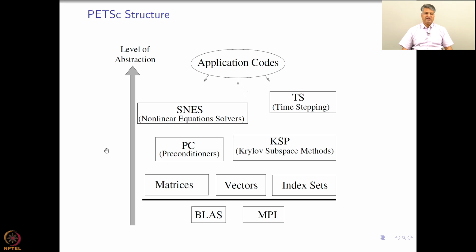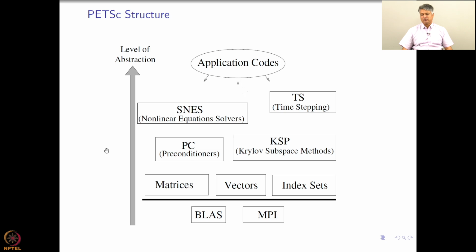So this is how the level of abstraction looks like. Right on top, you have the application codes, which is doing the science that you are interested in. Those interface directly with the nonlinear equation solvers, which look like SNES. Also, the time integration algorithms, or the time stepping algorithms, TS. All of this is based on certain numerical algebra, so you need the Krylov subspace methods, which solve the bulk of the iterative numerical linear algebra.